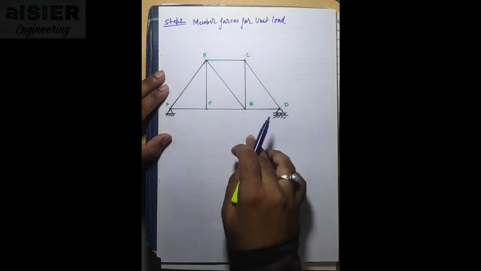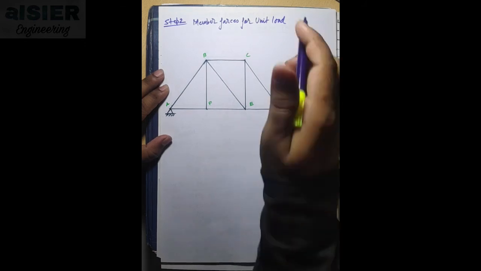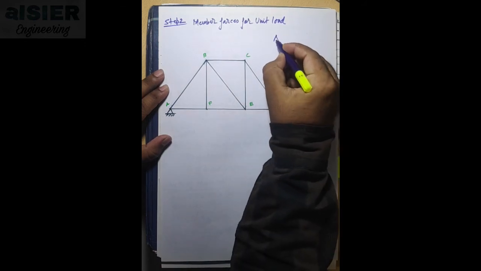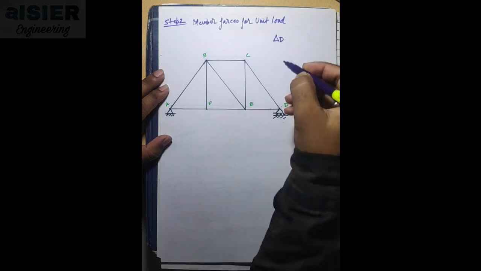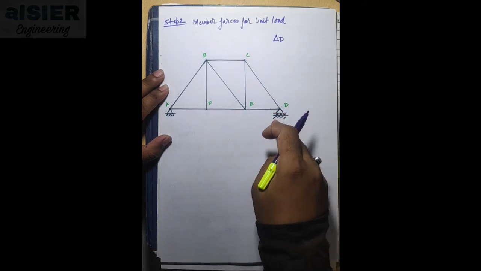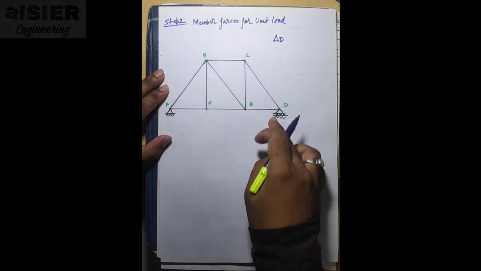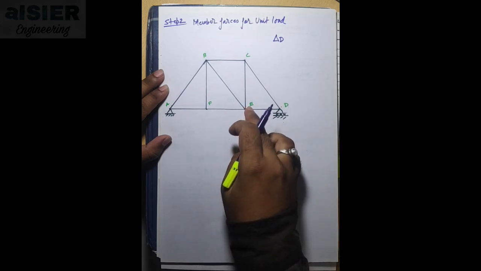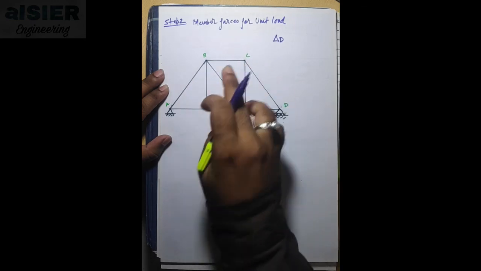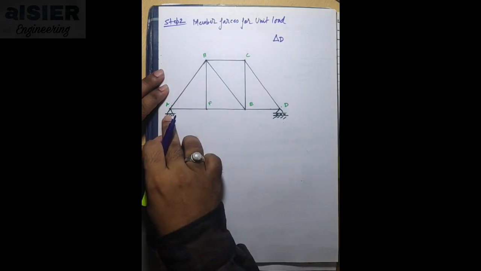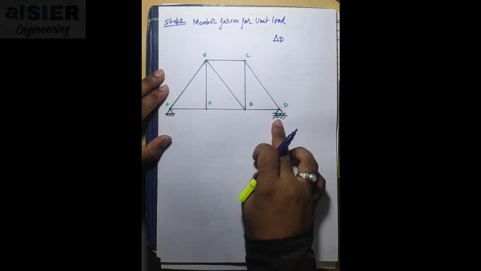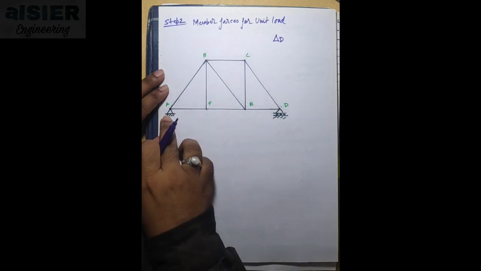Similarly, in this numerical, it is asked to calculate delta D, but there is no possibility of vertical deflection here because this is a roller joint. It will not move vertically. There will be some vertical deflection at points E, F, B and C, but vertical deflection is not possible at points A and D. Similarly, horizontal deflection is also not possible at point A because this is a hinge joint.